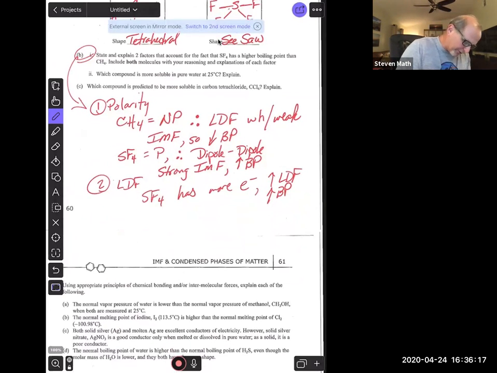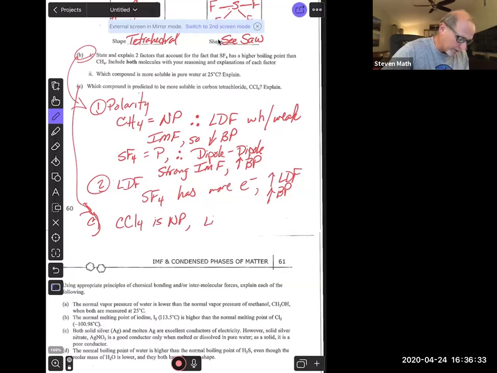Okay, now we can answer C. And C is going to be which compound is more soluble. Now we get a like dissolves like, and we say something along the lines of CCl4 is nonpolar, like dissolves like. Yep, you can just say that.